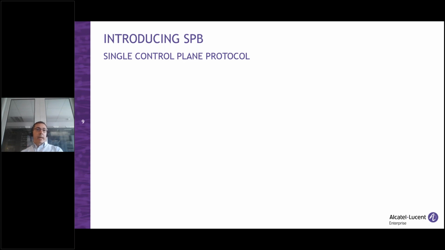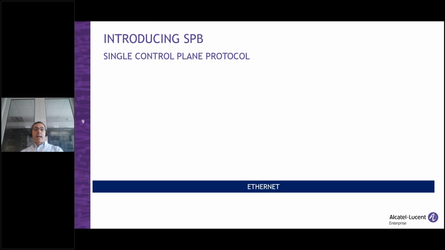So let's compare the control plane between these two technologies. We start with Ethernet as the base. In MPLS, we need an interior gateway protocol to build a topology and to have node reachability in the backbone. For that, we can choose either OSPF or ISIS. One of them is enough.